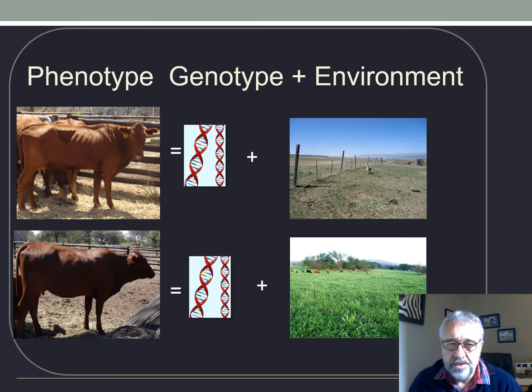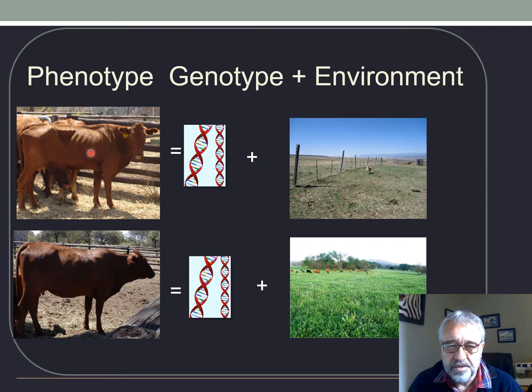So we can then basically say that the phenotype, or the measurement or the physical appearance of an animal, equals the genotype, the genetic makeup or the genetic code in the animal, plus the environmental influence.